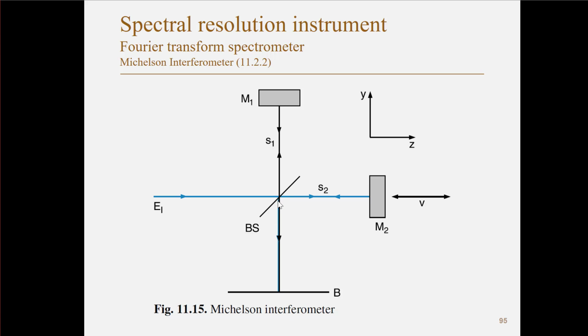And the transmitted beam from this beam splitter goes over, hits this mirror here, comes back, and then goes down here. Then we move one of these mirrors back. This is easier than moving two mirrors and not introducing any disturbance. And this geometry is called a Michelson interferometer.